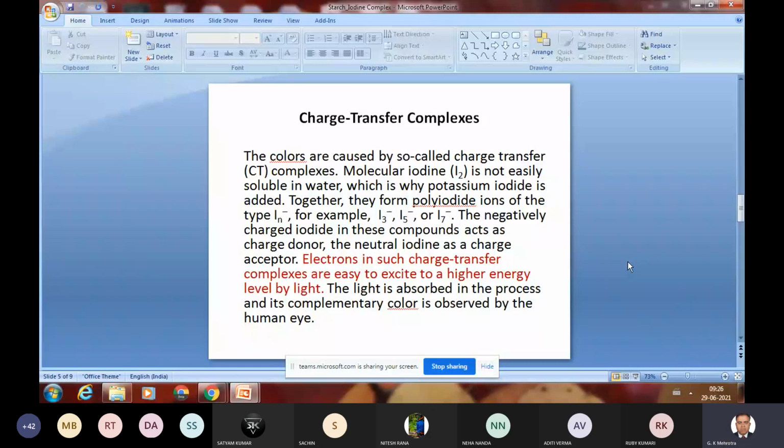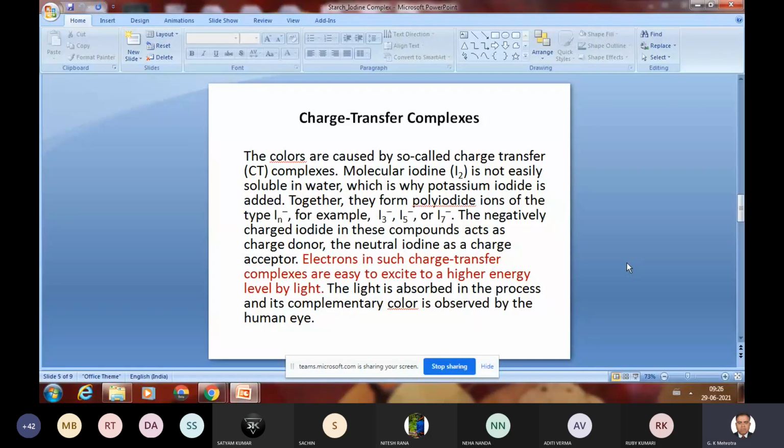Why indicators, the reagents which help us carry out any volumetric titration, change color? What is the basic fundamental mechanism of that?